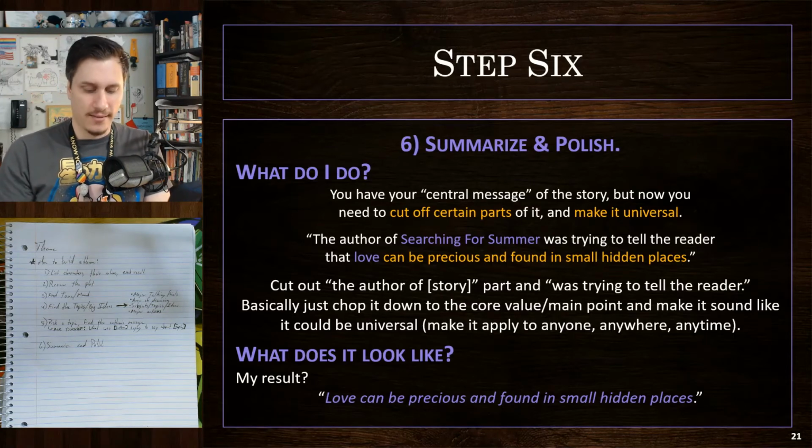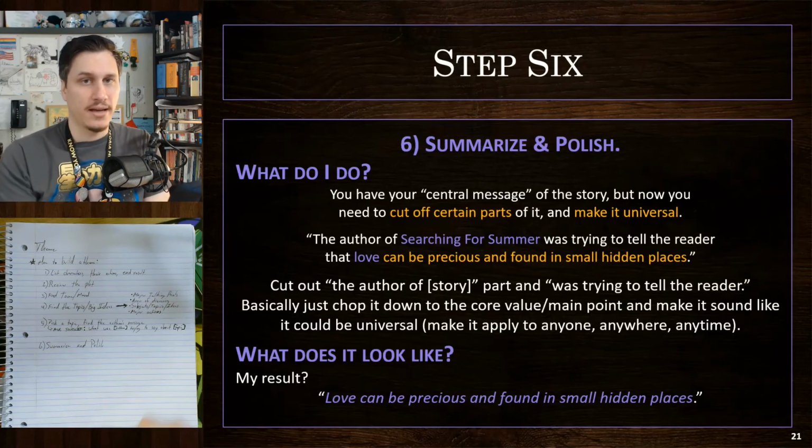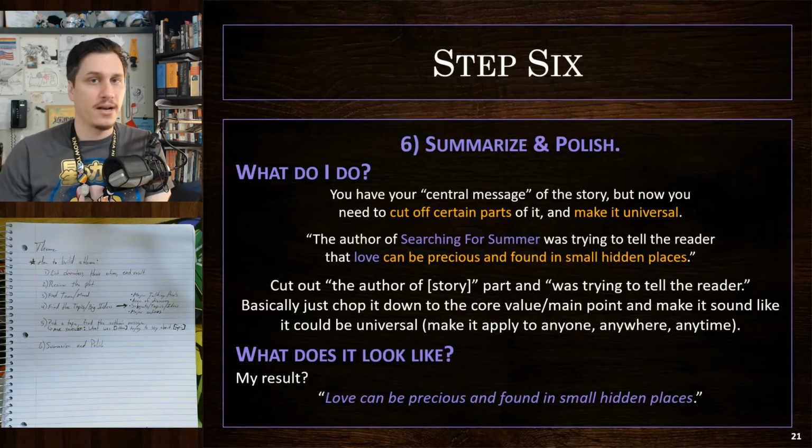Now, again, at this point, when you get to step 6, you should really start to pull back a little bit, because you're trying to make a message about life. Is it going to connect to the story? Yes, but it's supposed to be a universal message. So try to make it something that could apply to anyone, anywhere, anytime.